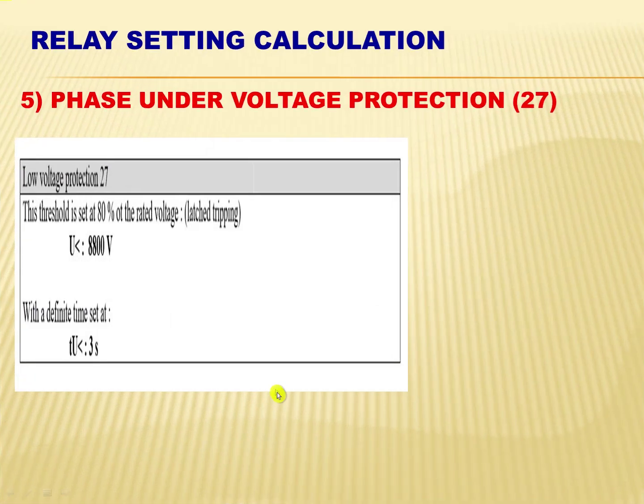Next, the phase under voltage protection. This is always a standard setting for under voltage, which is 80% of the rated voltage. So we have here the 80% for 11 kV, which is 8,800 volts.